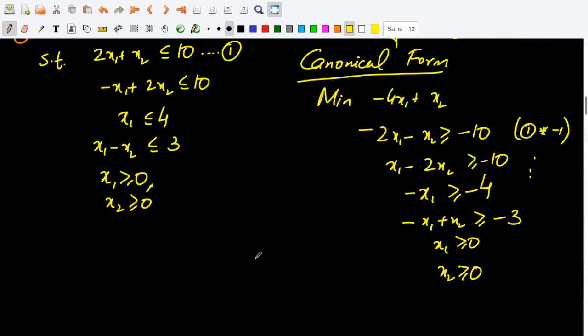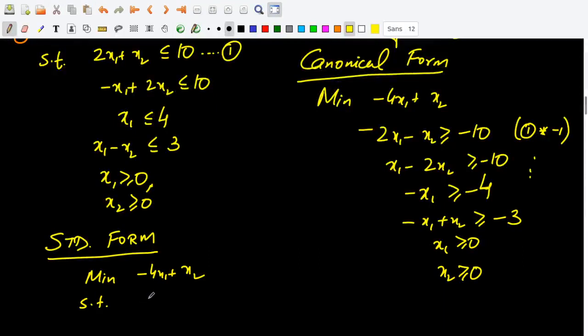It's also easy to write it in the standard form. All I need to do is add some slack or surplus variables to make all general constraints equalities and all variables non-negative.